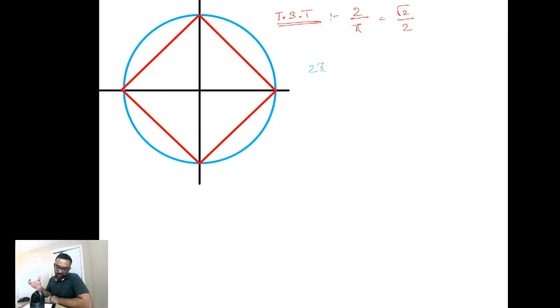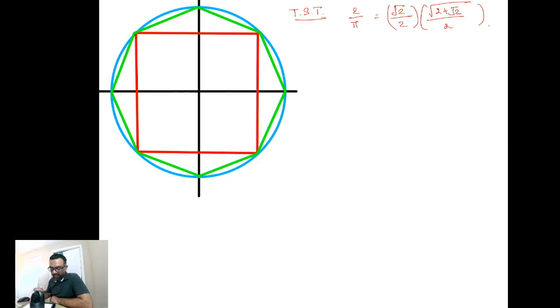Now the closest approximation is the perimeter of this particular red square. Whenever I do a polygon, I'm going to assume that the side length of the polygon is 2 times some p1, p2 and so on. This is a square, my first approximation, so I'm going to call this side length 2 times p1.